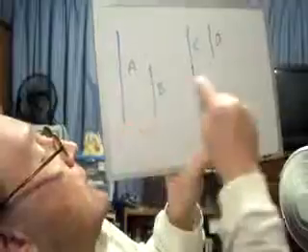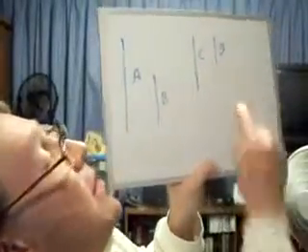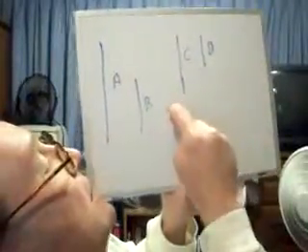So as A is to C, so is B to D. Okay. Now then, let's go on here. Therefore also, as C is to B, so is B to D.